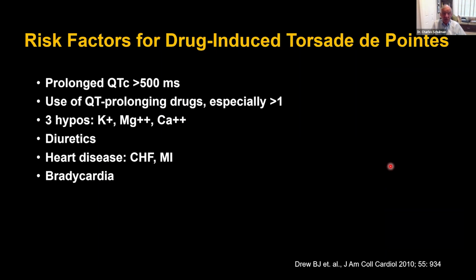And these are some risk factors for drug-induced torsade, which is really why I bring this up, because there are a number of drugs, and I'll show you that on the next slide, which can prolong the QT.